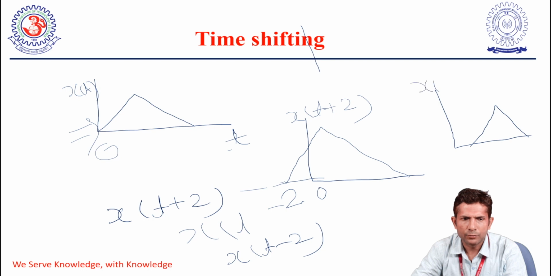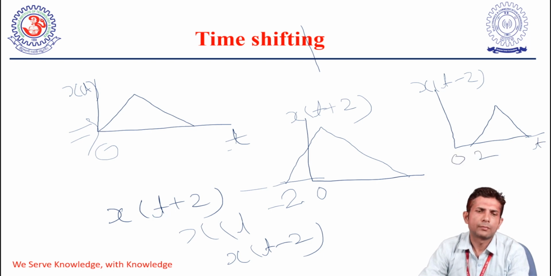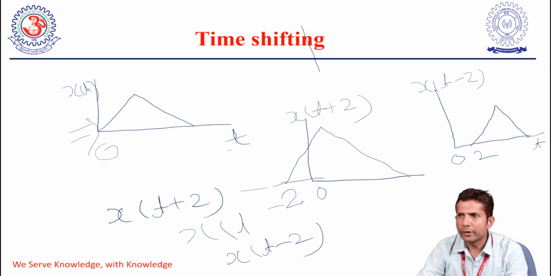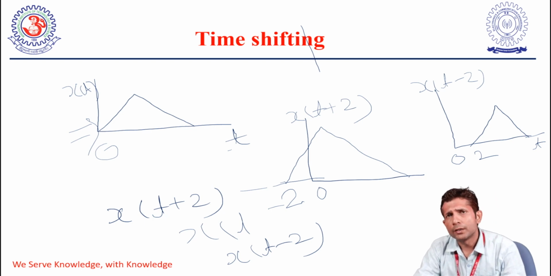So this is x of t minus 2. What is the difference? If we do the operation x of t minus 2, it means we are delaying the signal. T minus 2 means we are delaying the signal by 2 units.